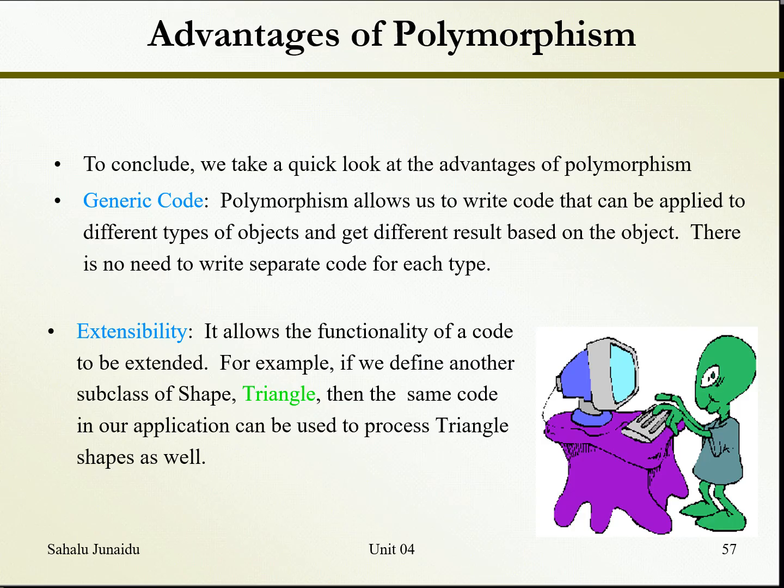So, advantages of polymorphism. To conclude, we take a quick look at the advantages of polymorphism. One, generic code. Polymorphism allows us to write code that can be applied to different types of objects and get different results based on the object. It depends on the object of which class, you see. So it's more of a generic code. You write one generic code without repetition of many things.